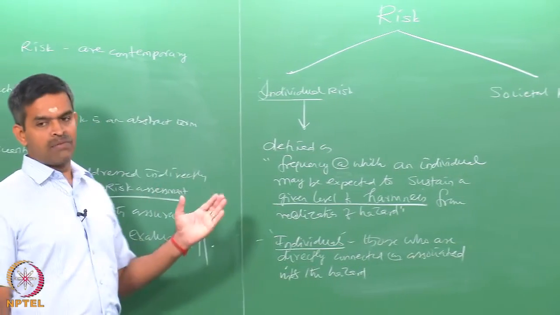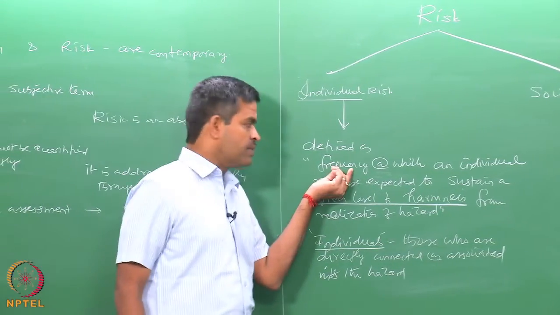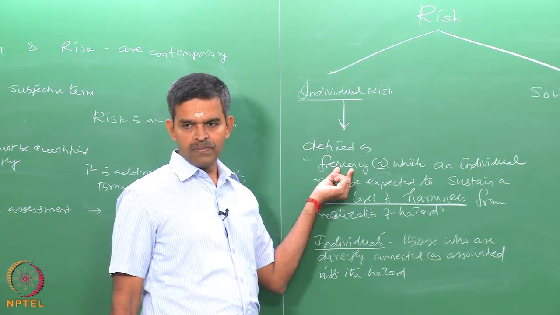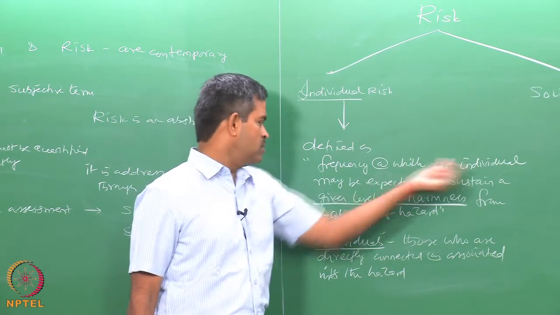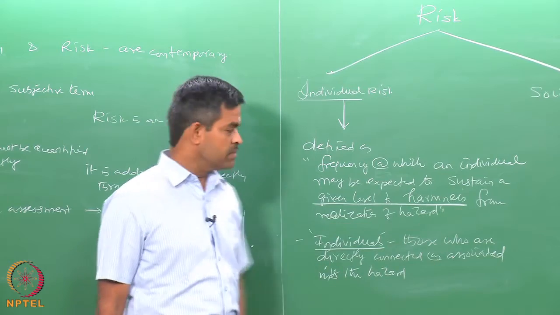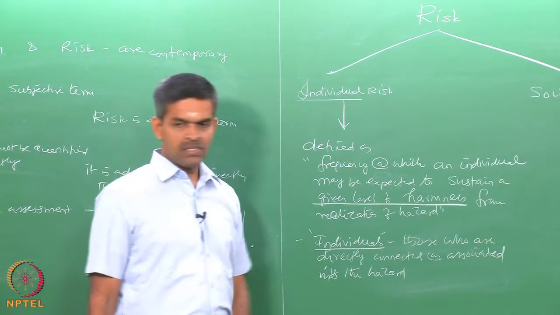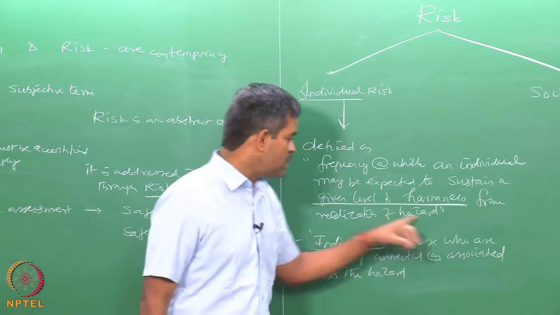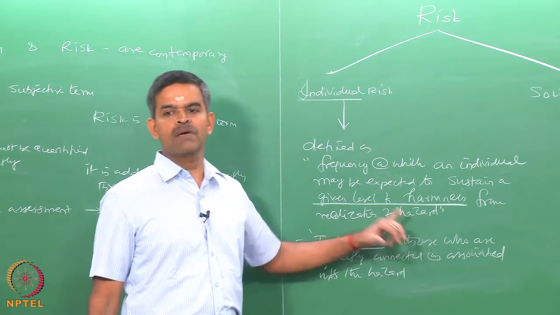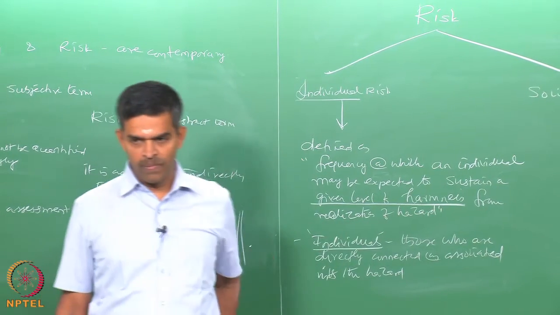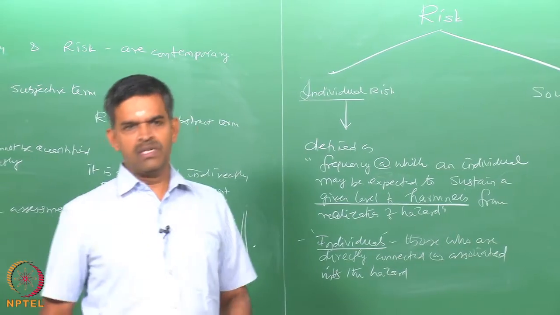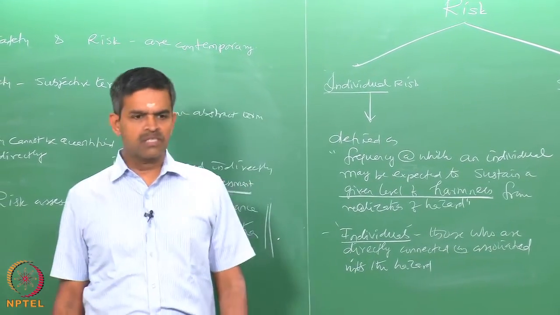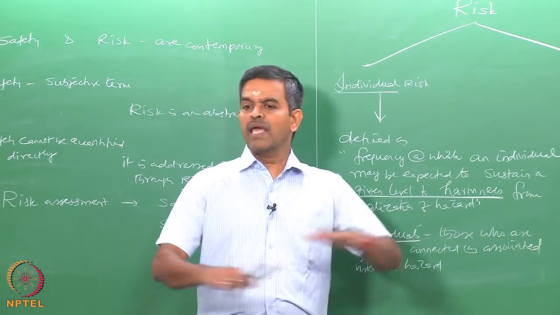So, if you read that with the knowledge, it is the frequency at which an individual may be expected to sustain a given level of harm when the hazard is realized. It means the hazard has become a risk now. Hazard is a scenario, it is a situation, it is an environmental condition, it is a working arena.